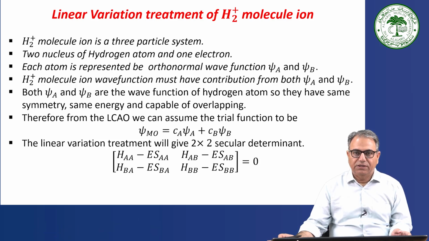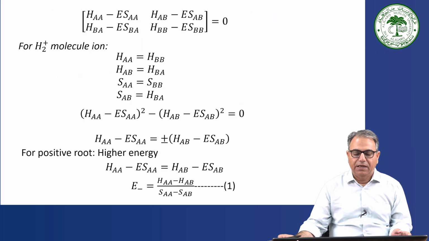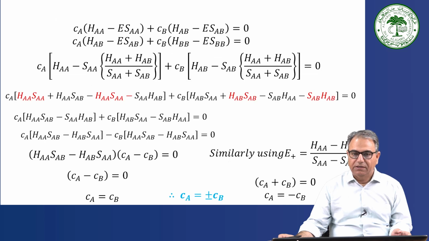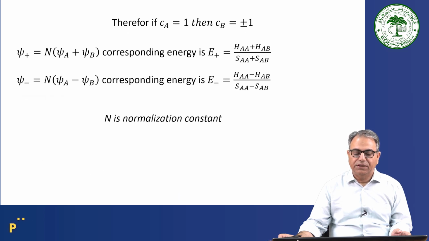So we wrote the secular determinant, and from the secular determinant we calculated two different energy values, E minus and E plus. Corresponding to these two energy values we also calculated the eigenfunctions psi A plus psi B and psi A minus psi B, and then we normalized these wave functions.